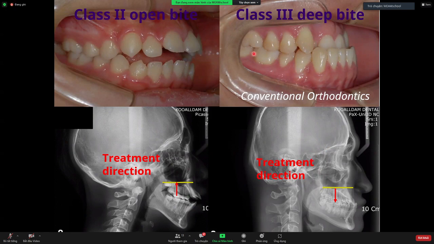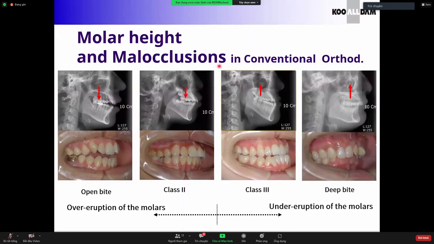In order to extrude the upper molar, so these are molar height and malocclusions in conventional orthodontics. In under eruption of the upper molars, we can see class 3 malocclusion and deep bite. Is that all?